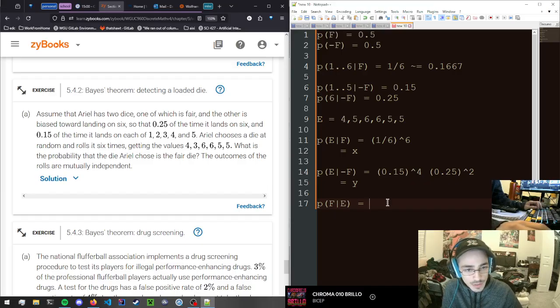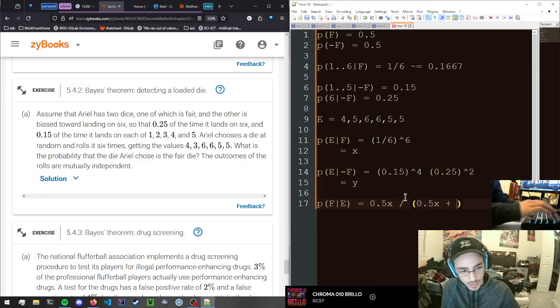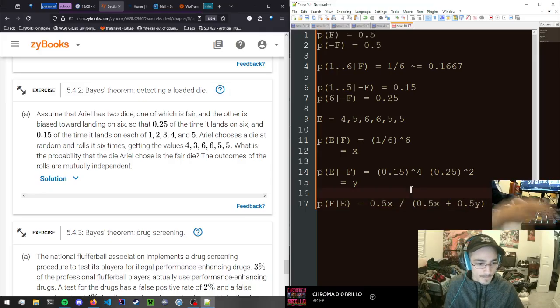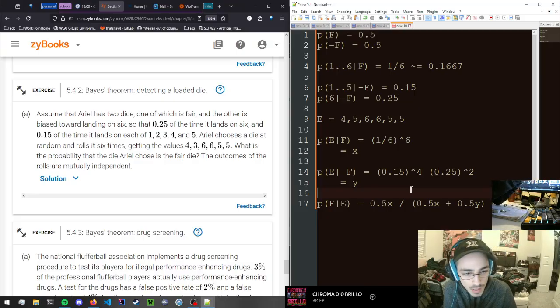And so to do this, you do 0.5x divided by 0.5x plus 0.5y. Yeah, so that's that. Honestly, I don't think I need to put these as a variable, but I'm gonna do it anyways.